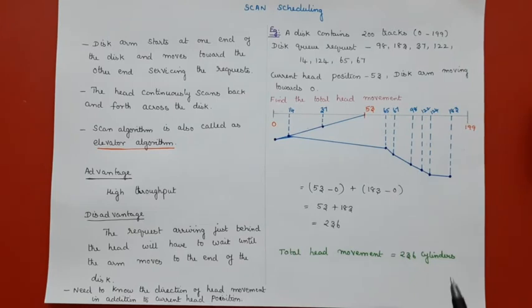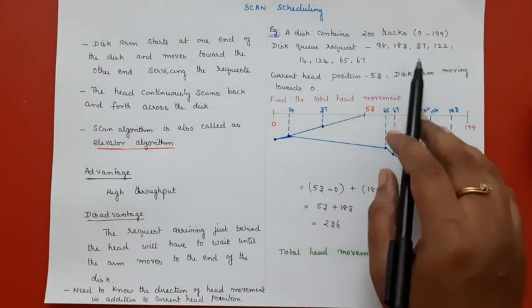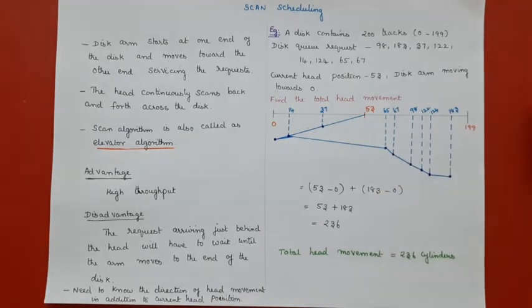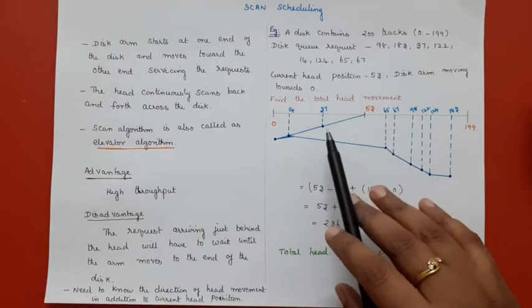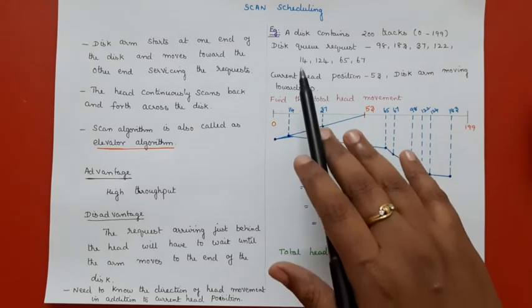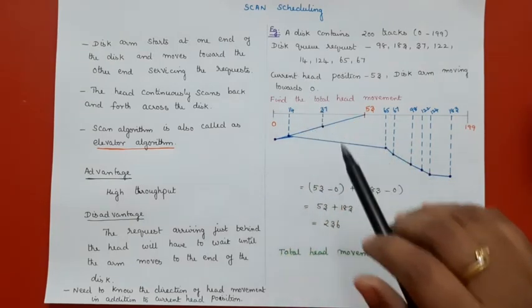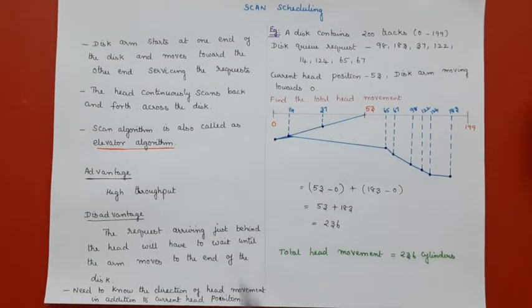In that, 37 is the first request. It is smaller than 53 and must be serviced first because the disk arm is moving towards 0. So 53 to 37, and then the request 14 comes, so 37 to 14.